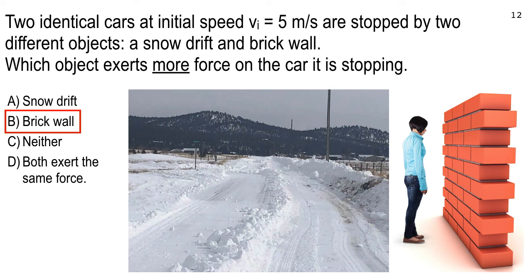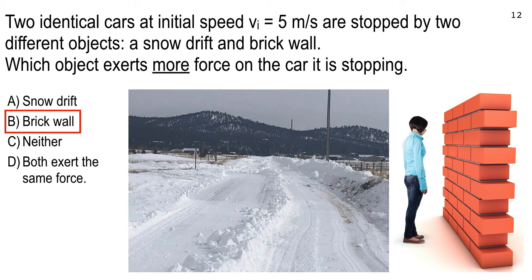So delta V is the same for both vehicles, but delta T is smaller for the brick wall. And it takes you a little bit more time to come to a stop in a snowdrift. I know that from direct experience. And here's the other thing. A brick wall, think of this.